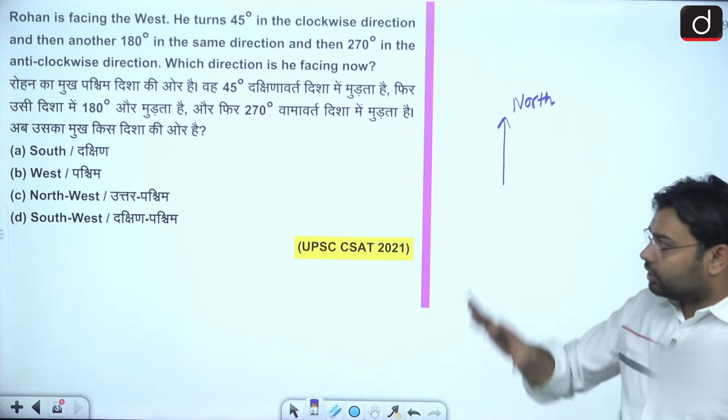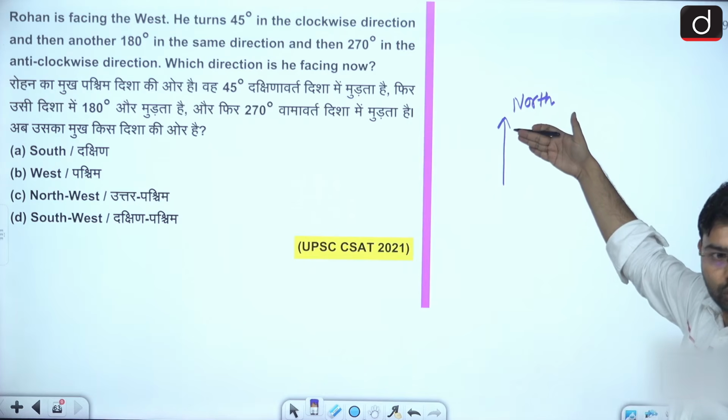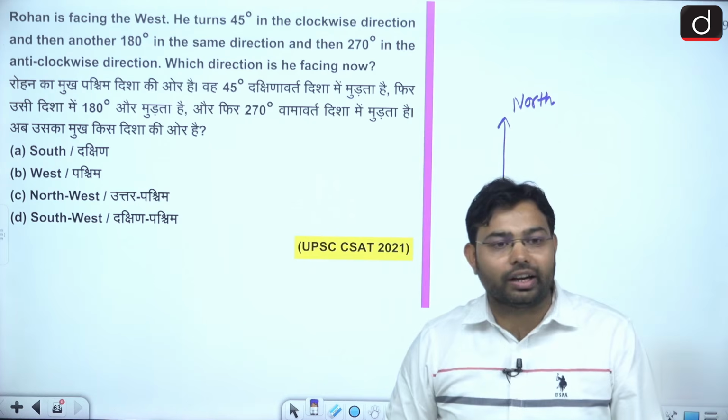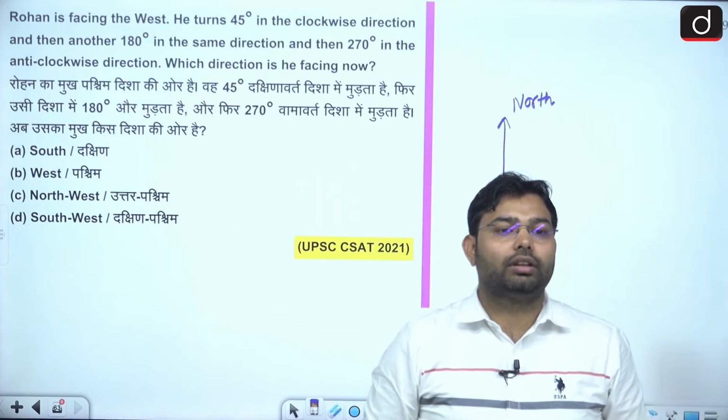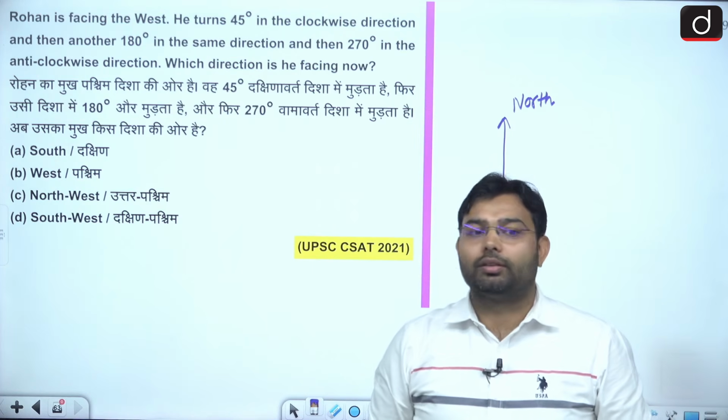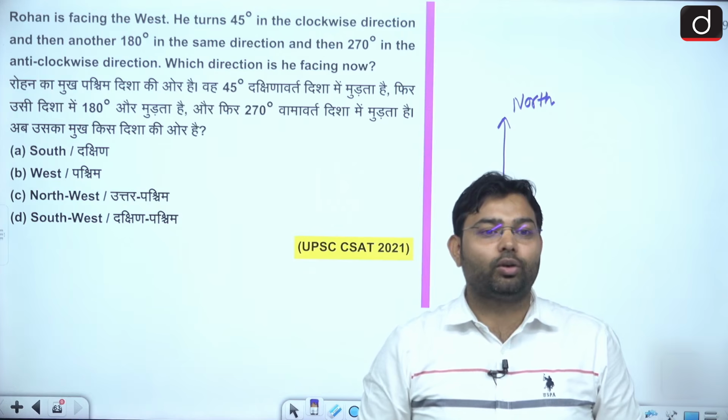According to you, you are facing north. If considering me, I am facing north, then this side. My north is your, my 6 can be your 9, according to Galguti.